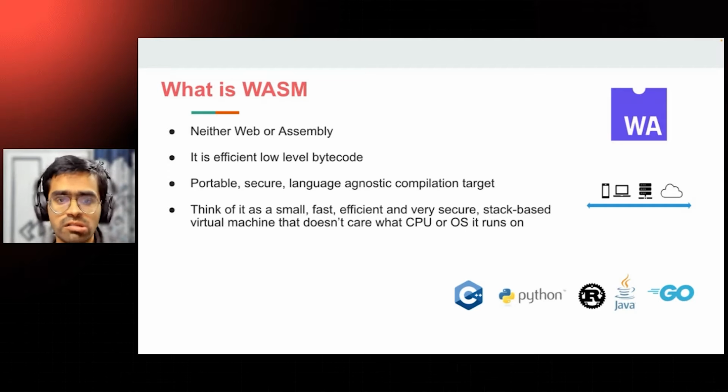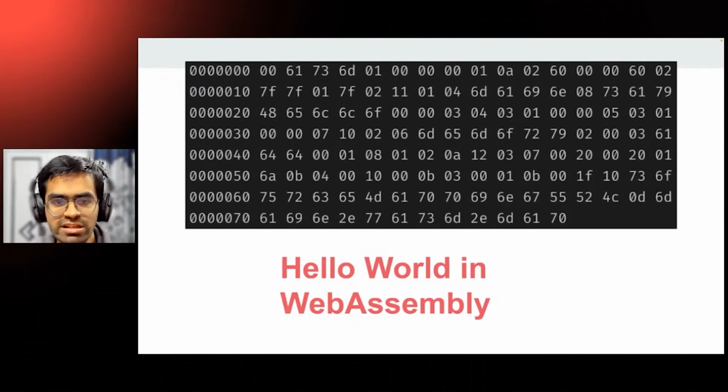And since they are language agnostic, you could take a number of different languages and compile them down into WebAssembly bytecode with the supporting toolchain. So they are very efficient, portable, and language agnostic. That's why they become extremely beneficial whether you're running them in the browser or outside the browser.